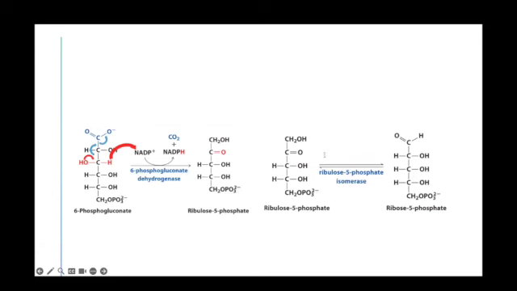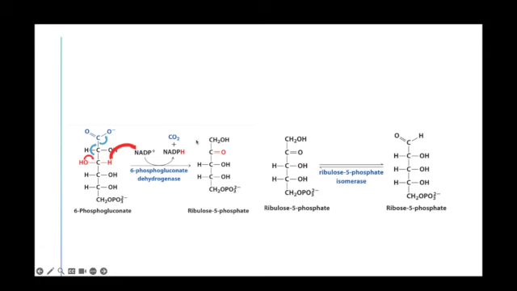Once we have our starting molecule, 6-phosphogluconate, it is oxidized and decarboxylated by 6-phosphogluconate dehydrogenase. It involves another reduction of NADP plus to NADPH, and we release a molecule of CO2. So we go from a C6 body to a C5 body. So now we only have 5 carbons. And if you see right here, we have that carbonyl double bond at the C1 carbon.